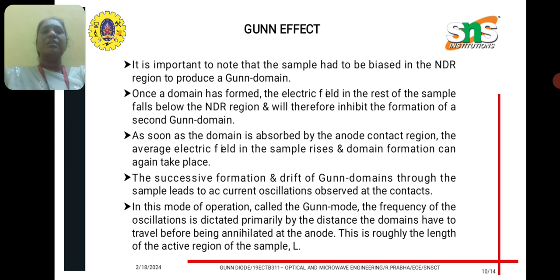So the successive formation and drift of Gunn domains through the sample leads to periodic current oscillations observed at the contacts. In this mode of operation, called the Gunn mode, the frequency of the oscillation is dictated primarily by the distance the domains have to travel before being annihilated at the anode. This is roughly the length of the active region of the sample, L.